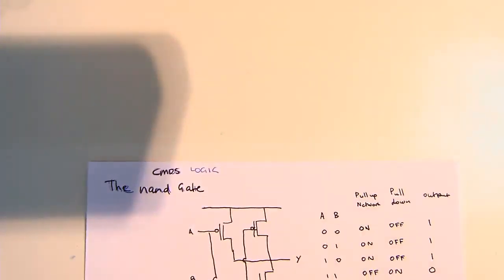Okay, now who's seen a NAND gate? This is new stuff, so I can start asking questions. You can't look at the notes. Yes, NAND. You haven't seen it? Or you have? Okay.